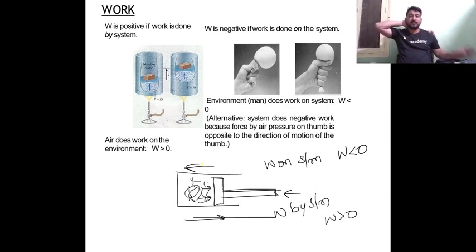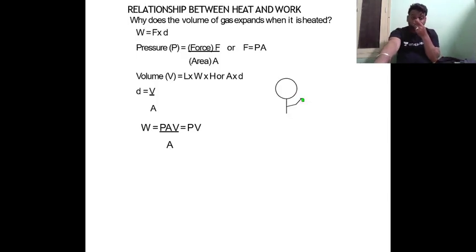So what is work done by the system and what is work done on the system? How do we get work done? Relationship between heat and work. Work is given by force into displacement. Pressure is equal to force by area, so force equals pressure into area.